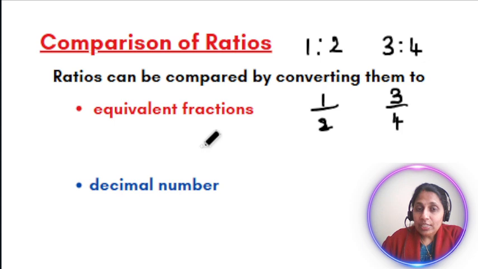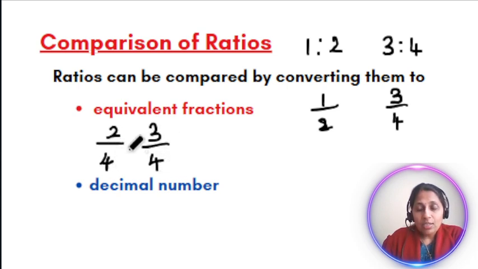Now try to find the equivalent form. The first fraction will become 2 by 4 because our LCM is 4, and the second fraction will be as such. Now we have equivalent fractions. Comparing the numerators, obviously 3 by 4 is bigger than 2 by 4. So 3 by 4, or 3:4, is the bigger ratio.